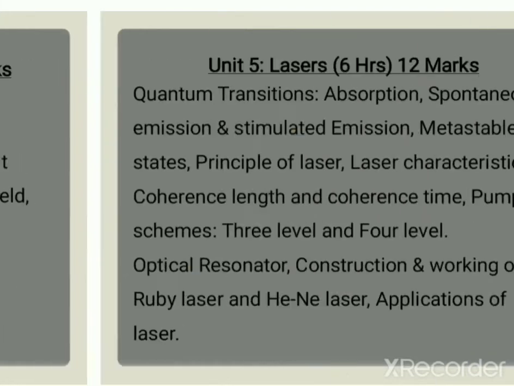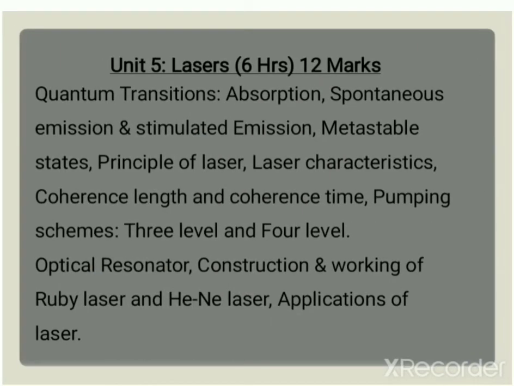Unit 5 is laser, which is the most simple and very scoring unit, and this unit has a weightage of 12 marks. Under this unit we study quantum transitions like absorption, spontaneous emission and stimulated emission. Then a few terms related to laser: metastable state, principle of lasers, laser characteristics like coherence length and coherence time.